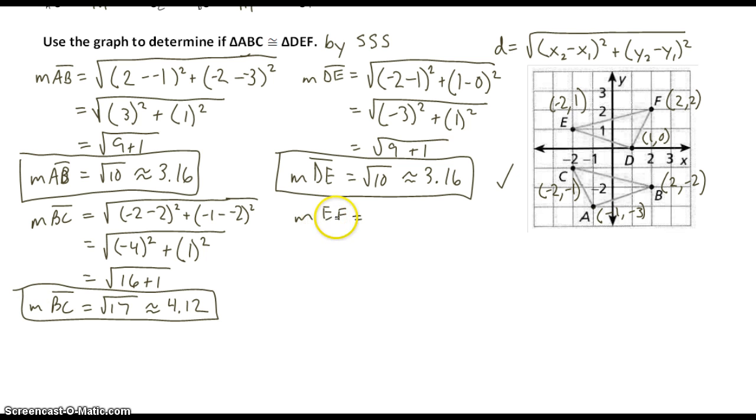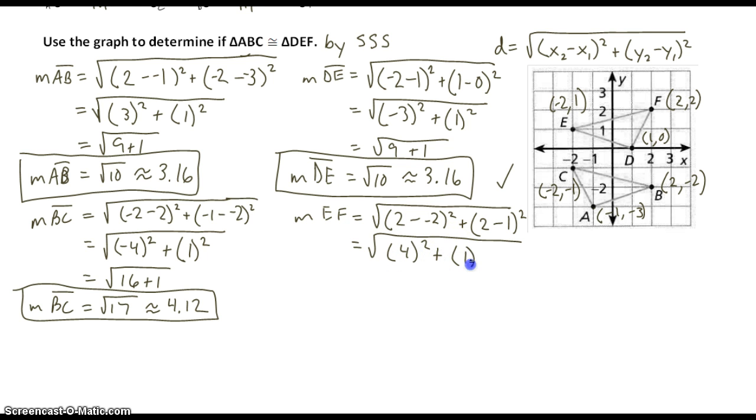Now I need to make sure that EF is also the same length. So I'm going to use the distance formula with EF. So I'm going to take 2 minus negative 2 and square it. And then I'm going to take 2 minus 1 and square it. 2 minus negative 2 is positive 4 plus 1. 4 squared is 16 plus 1.